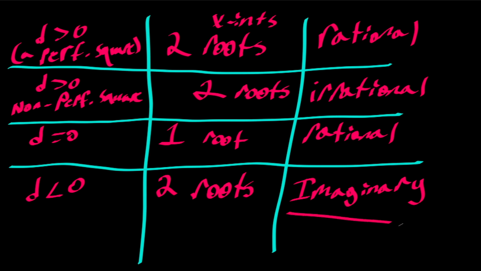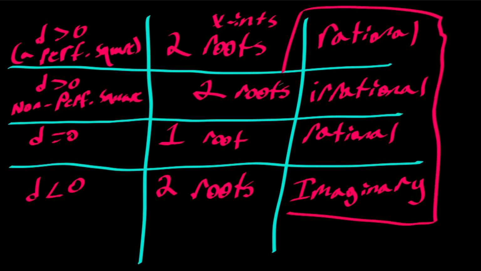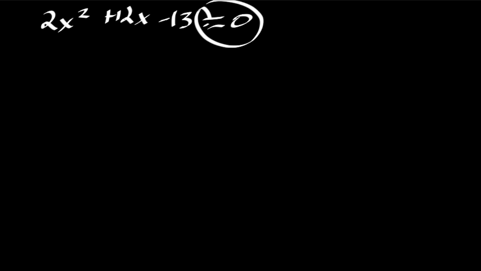This is going to be the part that comes into play when we choose our methods. But first, let's see if we can use this table and figure a couple of these out. Let's say I have 2x squared plus 12x minus 13 equals 0. First, I want to make sure everything's set equal to 0, which it is. Then I'm going to find the discriminant. So d equals b squared minus 4ac.